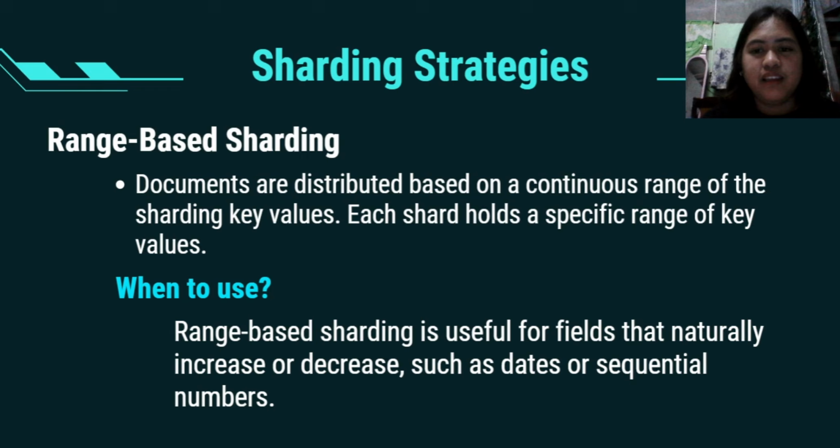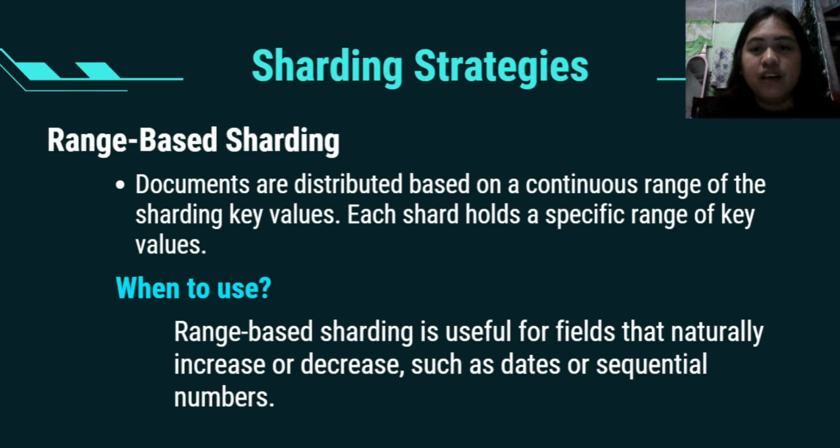MongoDB supports different strategies for how data is distributed across shards, depending on how the sharding key is processed. Range-based sharding: documents are distributed based on a continuous range of the sharding key values.